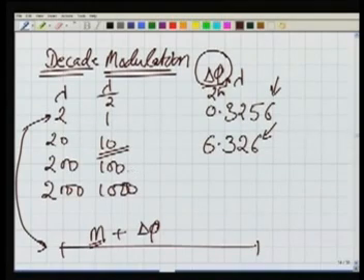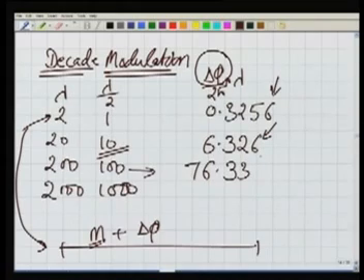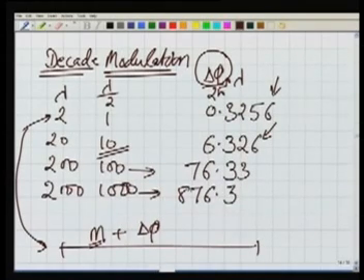Similarly, using this as 100, we can write the distance as 76.33. Again, our least count has widened. Using it as 1000, we can write it as 8763.3.